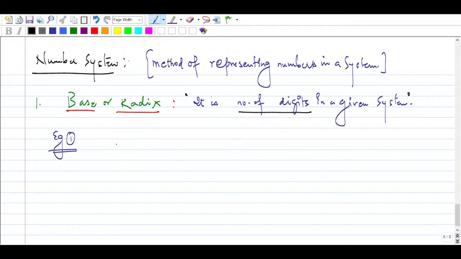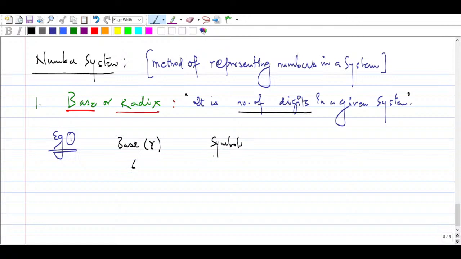This is the base, and we represent base as R, because base also has the name radix. Here we will write the symbols. Suppose we have got base 6, right?